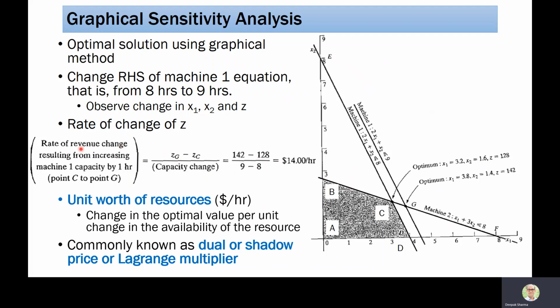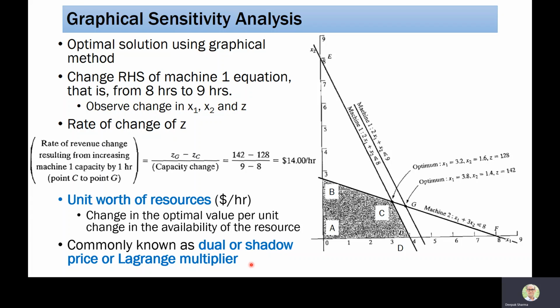Now, what is this particular quantity called? It is called the unit worth of resources: the change in the optimal value per unit change in the availability of resources. It is also known as the dual price, also known as the shadow price, and it is also used as a Lagrangian multiplier for the constraint.